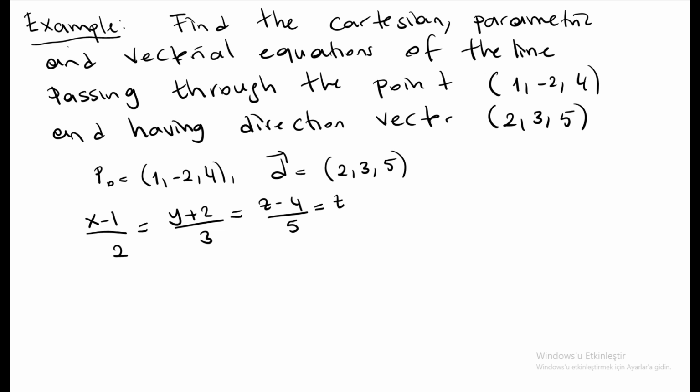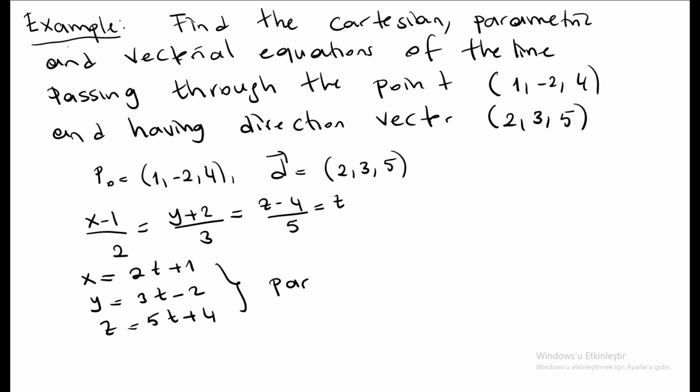From this we have x equals 2t plus 1, y equals 3t minus 2, and z equals 5t plus 4. So this is the parametric equation.